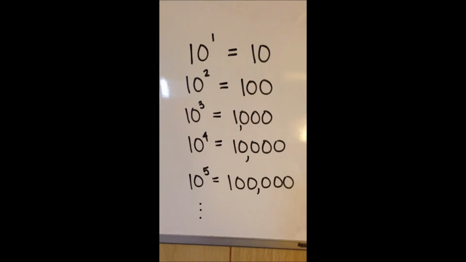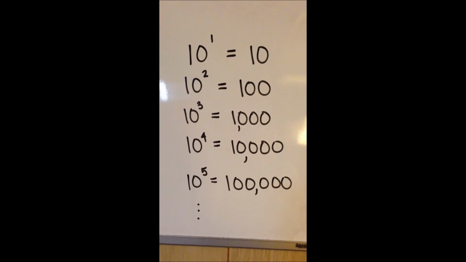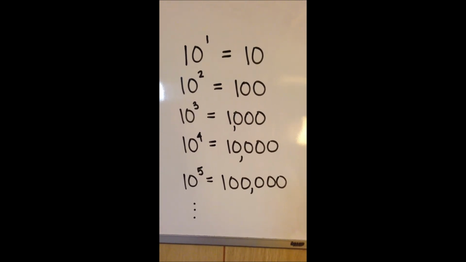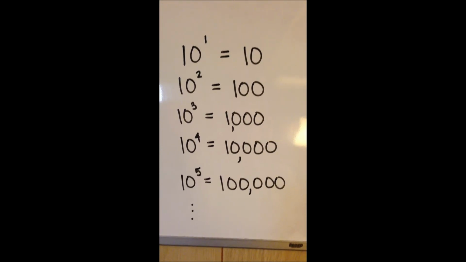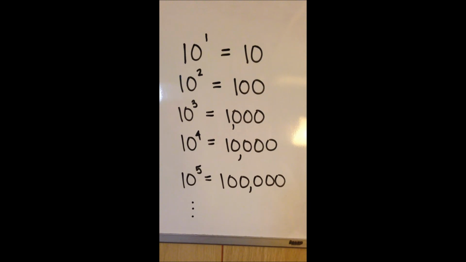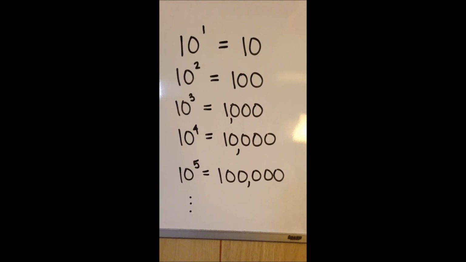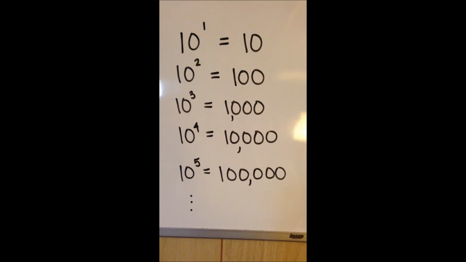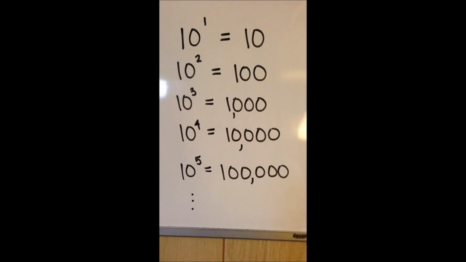Now the number 10 is kind of neat. When you have a base of 10 raised to an exponent, you basically just count the number of zeros that you need. So for example, 10 to the first power equals 10, and 10 has exactly 1 zero. 10 squared, or 10 to the second power, is equal to 100 because it's 10 times 10. Again, the number 100 has 2 zeros in it. 10 cubed, or 10 to the third power, has 3 zeros.